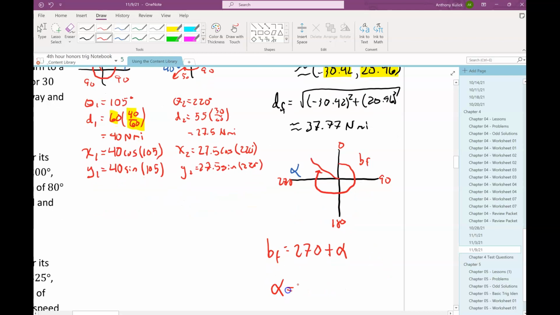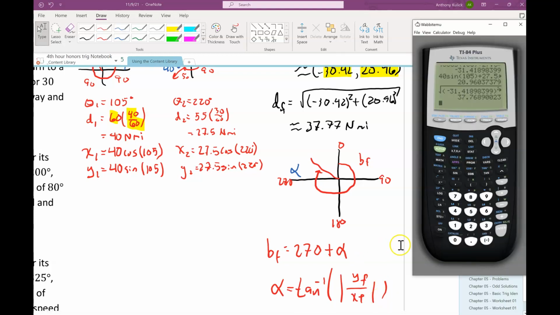And the alpha is always going to be tan inverse of the absolute value, the y over the x. And now it's calculator time.